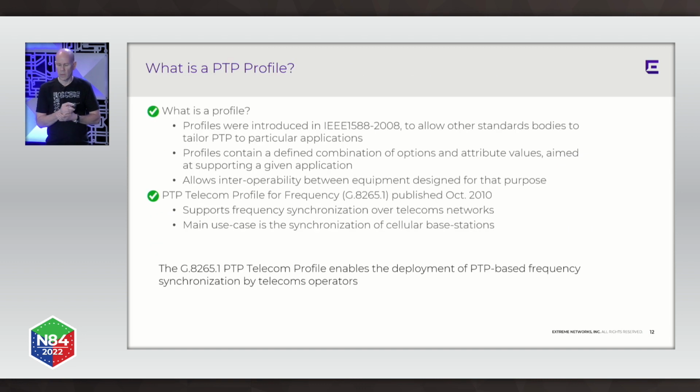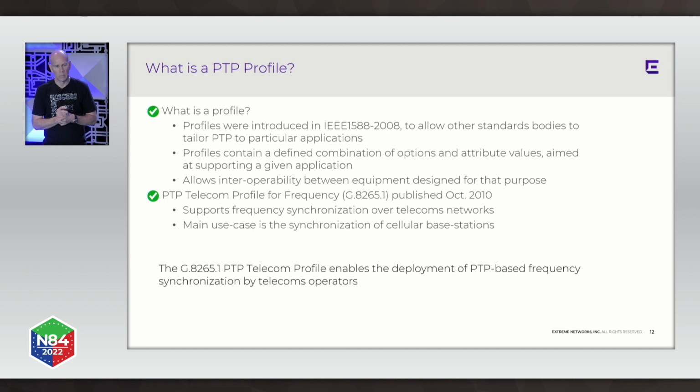So going into the profiles, these were discussed in the previous presentation as well, but I just want to recap them because they are important. Back in 2008, when you had the first PTP version defined for the telco world, you also had the first PTP profile defined, which was referred to as G.8265.1, which defined the support for frequency synchronization over the telecom networks.